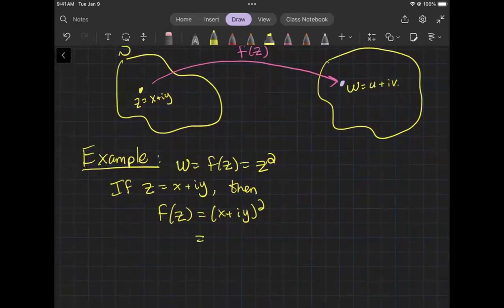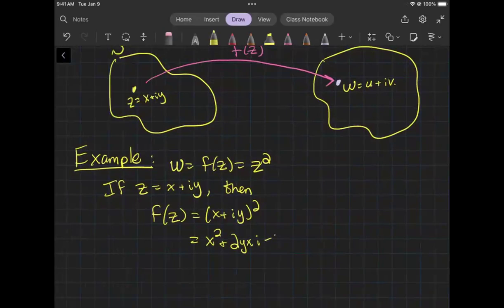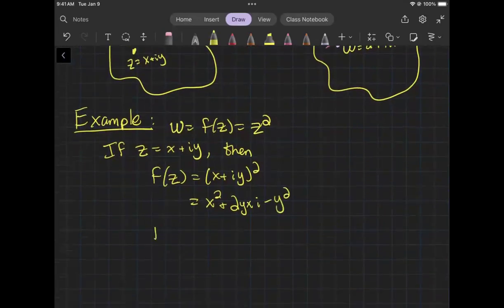And this equals x squared plus 2yxi minus y squared. So f of z, in terms of the real and imaginary components, is x squared minus y squared, that's the real component, plus 2yx times i, right?